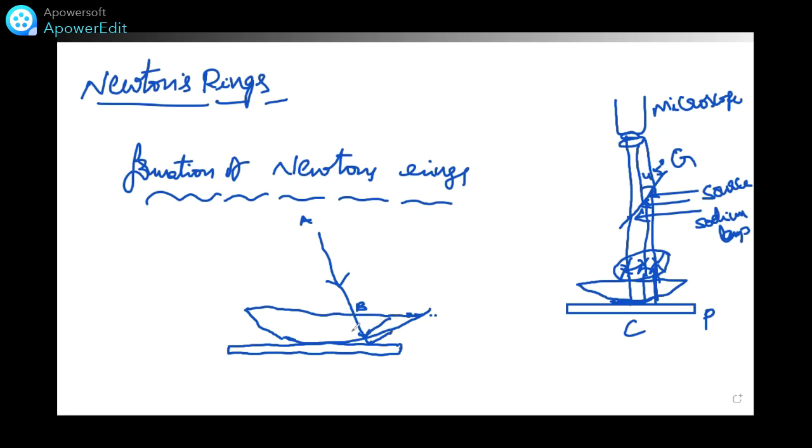This is C, this is point D. At point D it is again reflected and goes out in the form of ray 2.